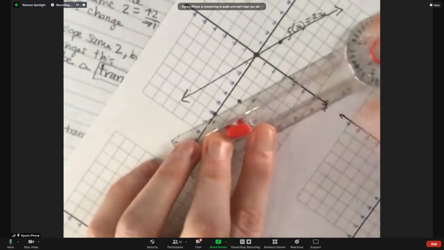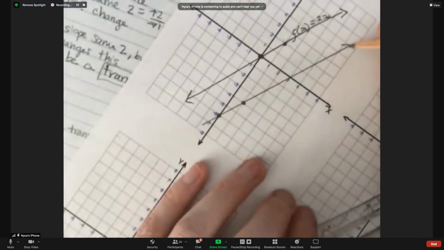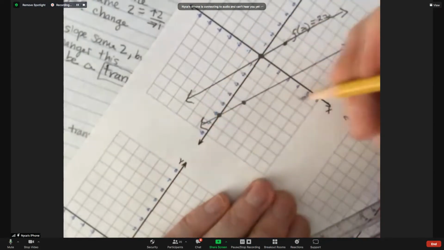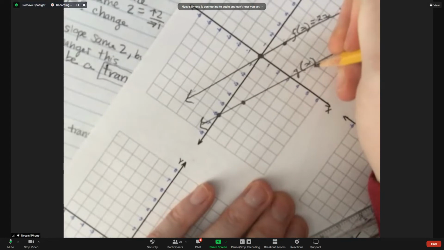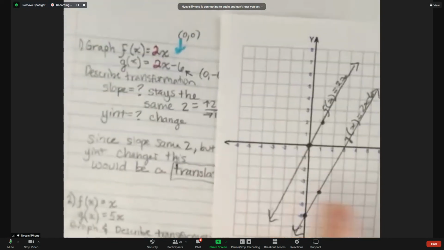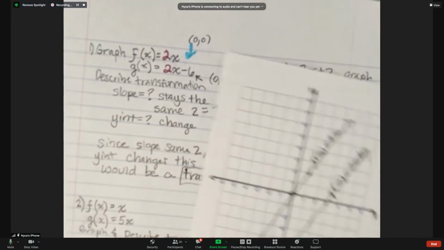I wouldn't require it. You can just use your slope on your graph. Then when I see a graph line, I should see that these look parallel. And again, this function is identified by g equals 2x minus 6. So now my graph represents what I am mentioning and describing for number 1.